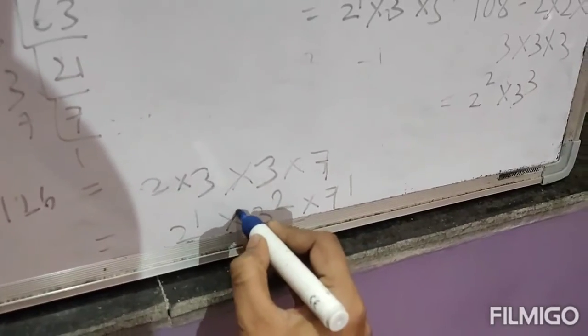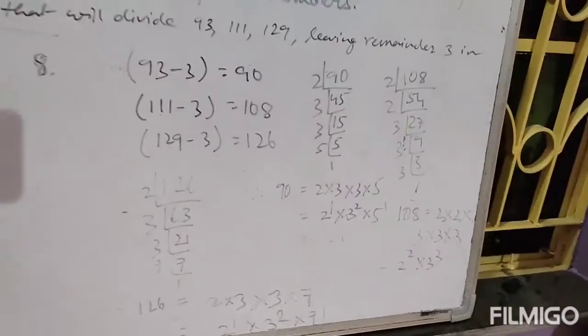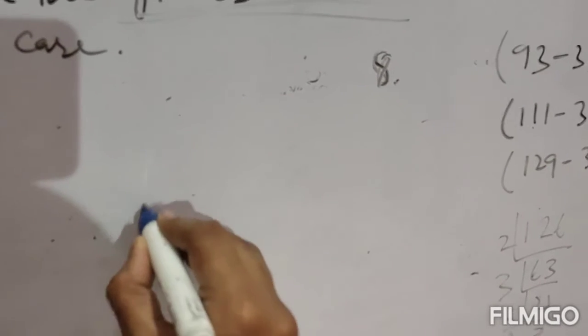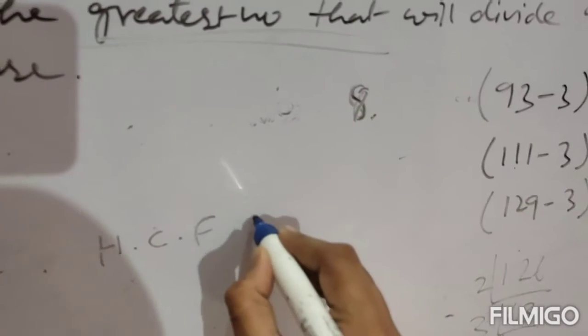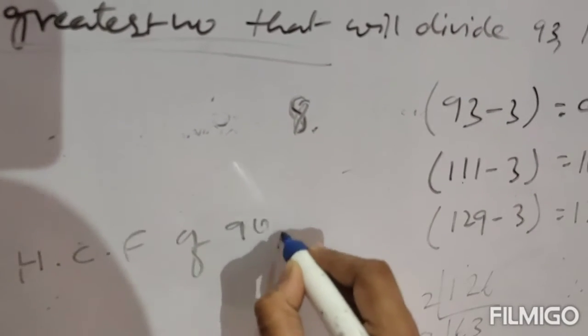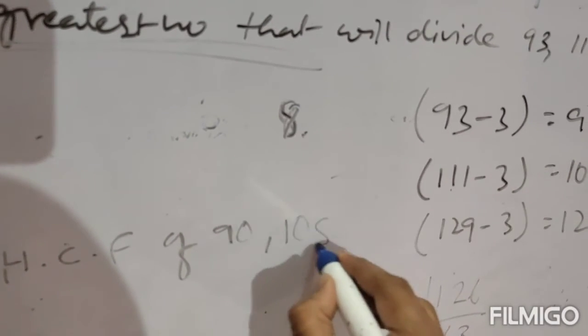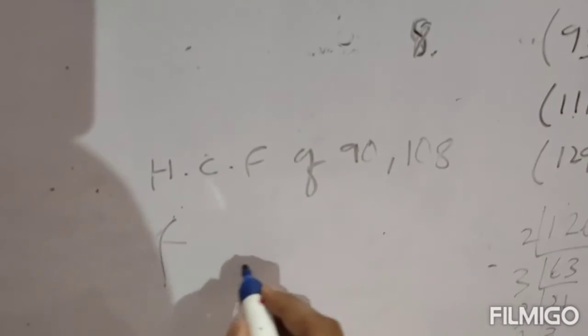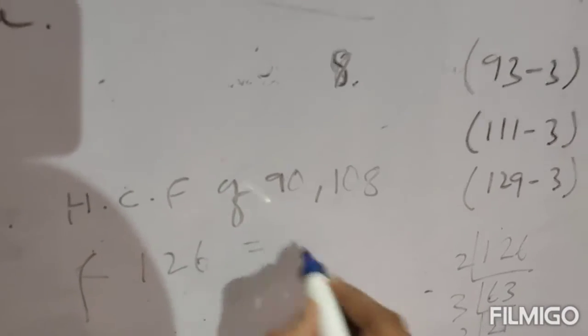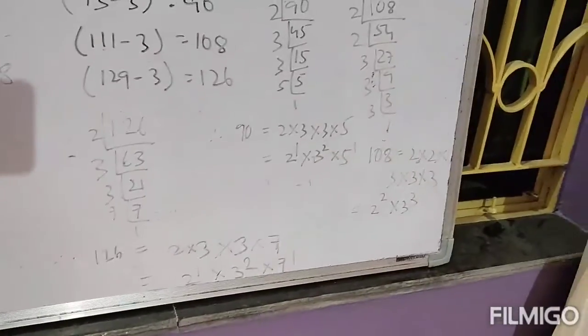Clear? So we will now choose common numbers with smallest power. That will be your HCF. Therefore HCF of 90, 108 and 126 equals, now choose common numbers.